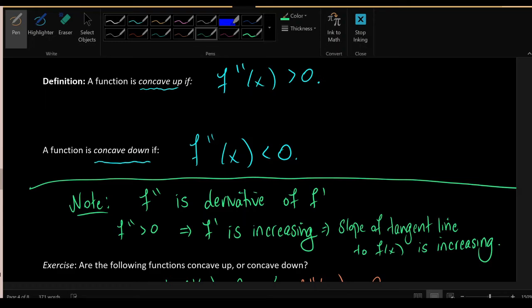If you're trying to determine graphically whether a function is concave up or concave down, think about whether the tangent line's slope is going up or going down as you move from left to right along the picture.